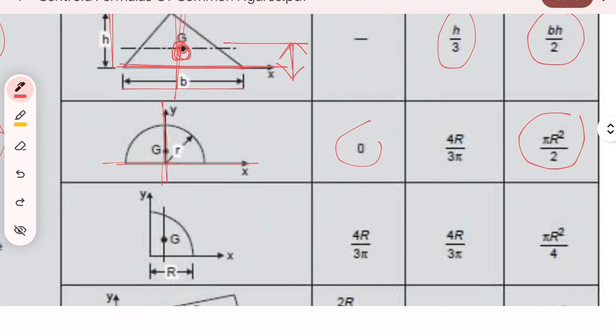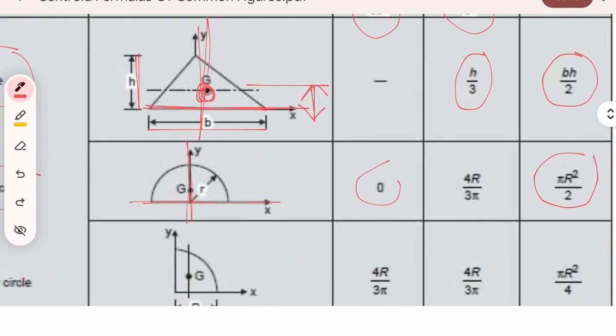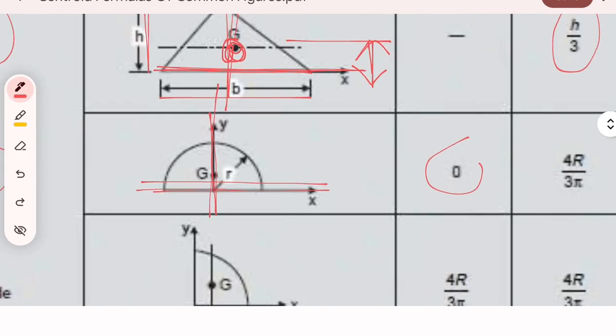What is the value of the location of the centroid from the x? Well, since it is in the intersection of x and y, the value of the x bar is 0. What about for the y? So for the y, it is this distance over here. That distance is 4 times the radius divided by 3 times pi, 4r over 3 pi.